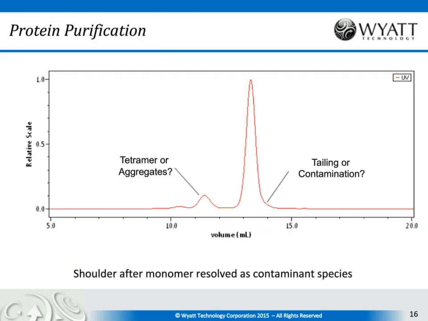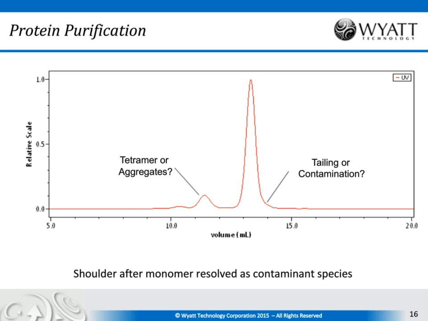And finally, we can use the SEC-MALS to assess protein purification. And so here we see a monomer and some aggregates. And if you look at the right-hand shoulder of the primary peak, there's a little bit something going on, possibly tailing due to non-ideal interactions with the column, or possibly some contaminants.